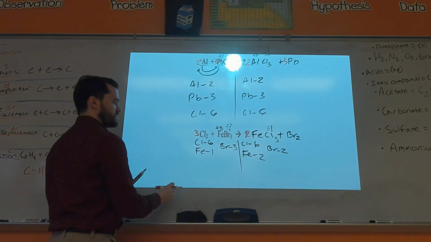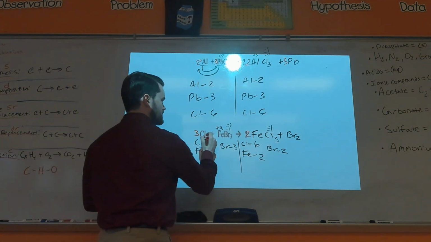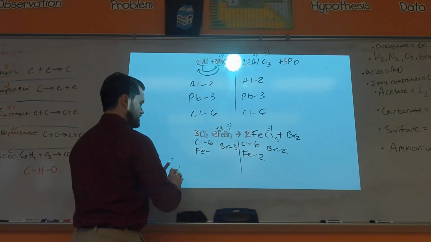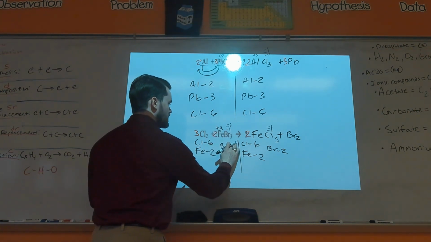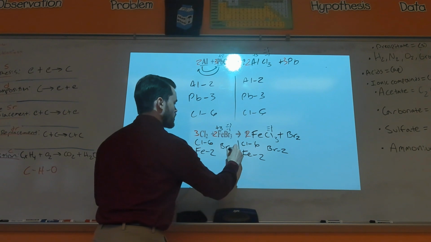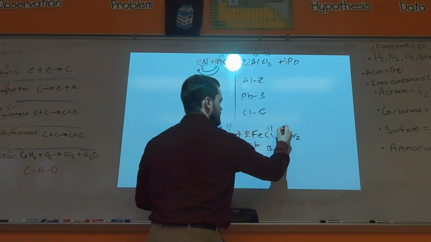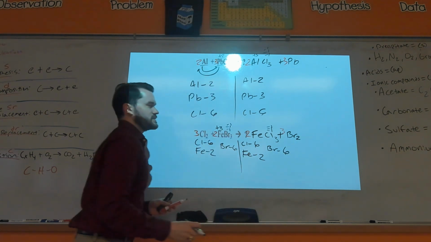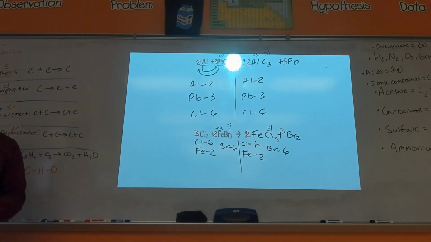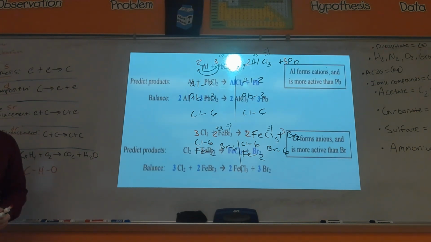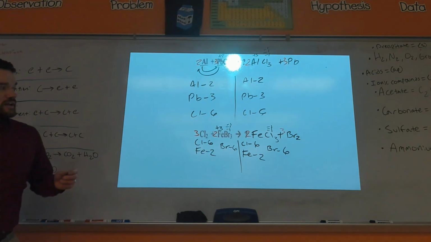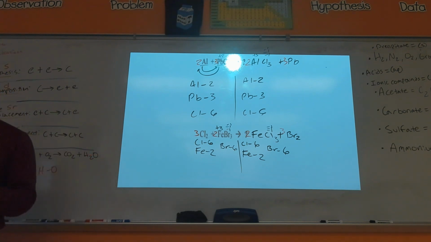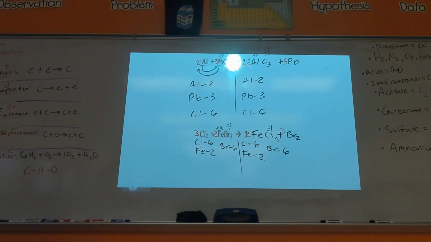Let's fix my iron. So if I double that, I would get 2 Fe and 6 bromines. And then if I come over here, it's another 2, 3, 2, 3. That'll give you 6 bromines. Okay. Is that it? That's it. All right. So I'll let you start working on the formative. Let me know if you got questions.